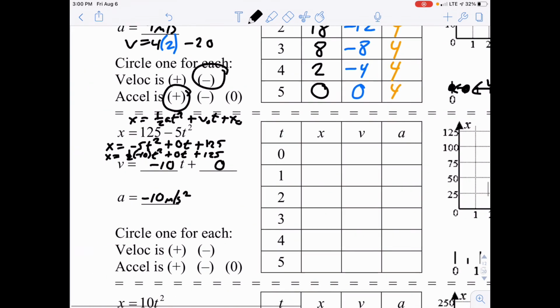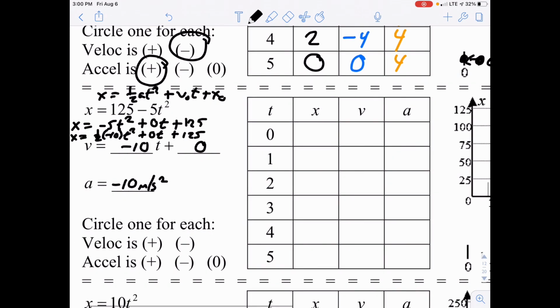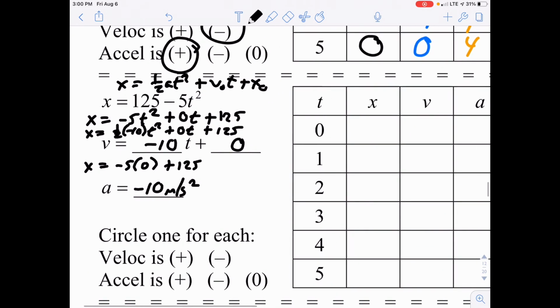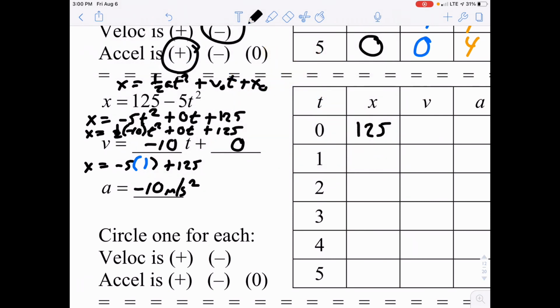Let's plug in some values here, see what we got. At time equals 0, if I plug in 0 for this, then I've got x is equal to negative 5 times 0 plus 125. So that means at time equals 0, x is at 125 meters. At 1 second, we're looking at negative 5 plus 125, which would be 120.